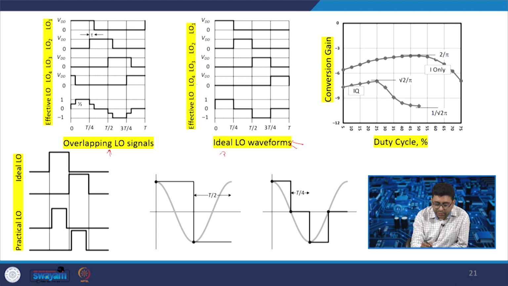So, if this is the ideal, the effective LO signal will look something like this for the complete T cycle. Now, if there is an overlap with tau, that will result in a signal with a configuration like this.